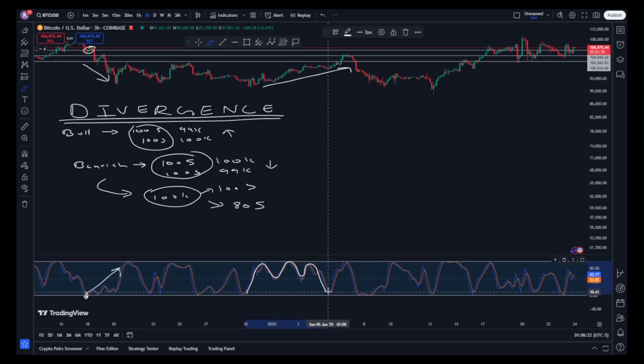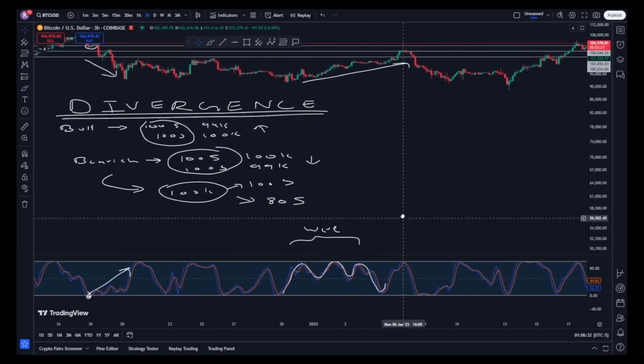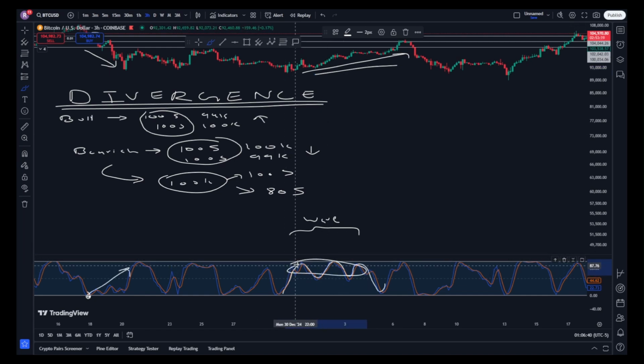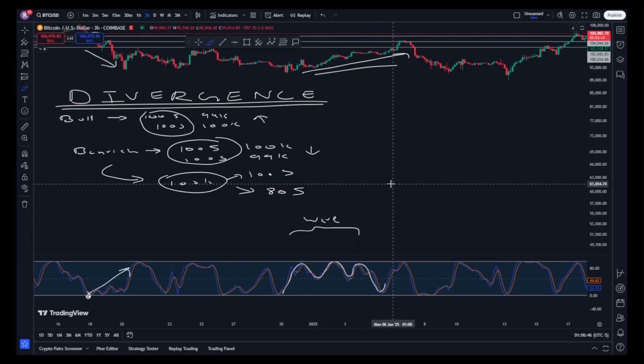If it does something like this, it's considered a wave. And in this case, it's bullish because price is pushing up and stochastic is remaining at these high levels. Like momentum isn't decreasing. The market wants to push higher. And you always have to look at the stochastic as a way of showing the momentum of the market. If the stochastic is continually pushing up, momentum is continually pushing up.